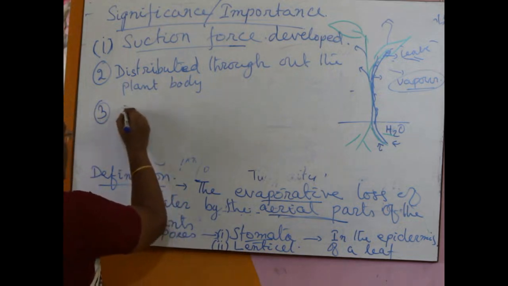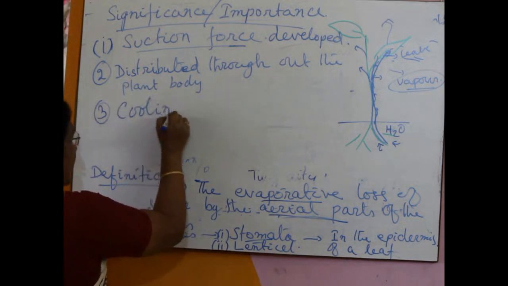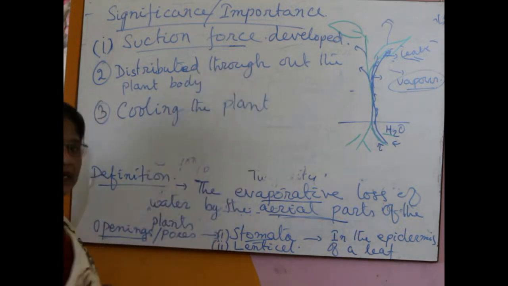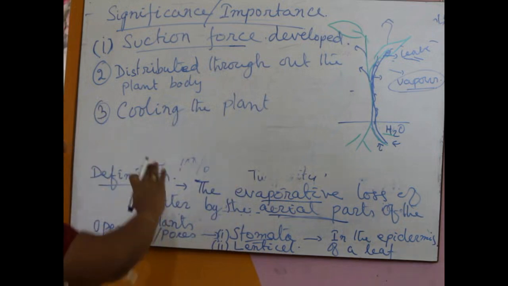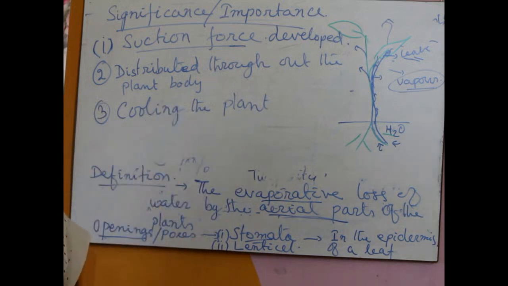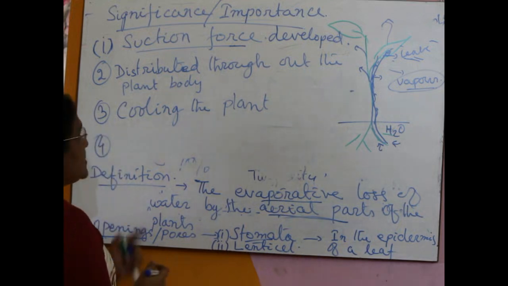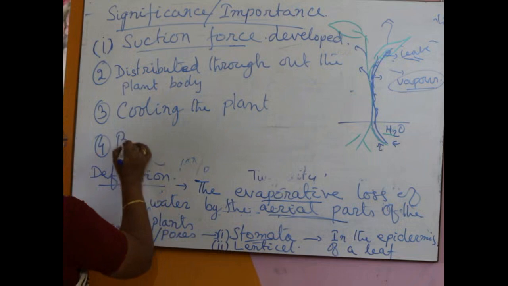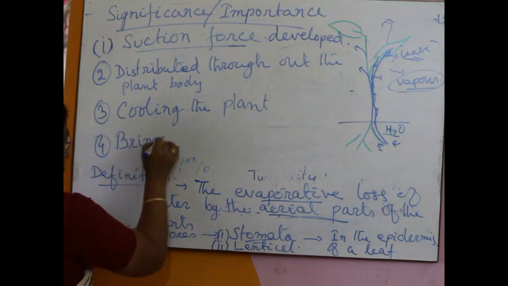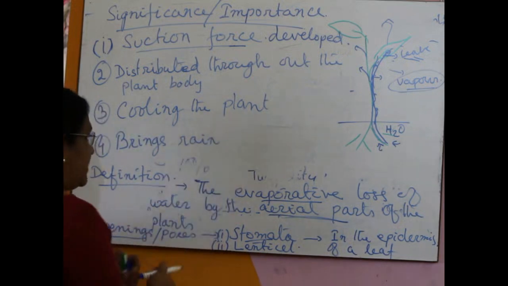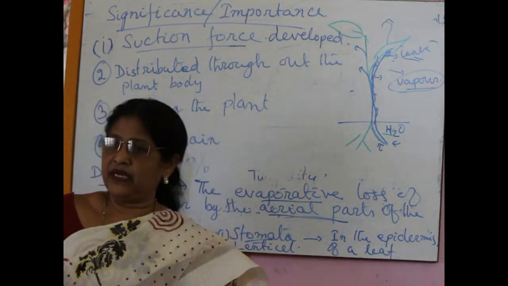So it helps in cooling the plant. Am I clear? Then, as the atmosphere gets laden with water vapor, it helps in bringing rain. So another significance of this process is it brings rainfall, or brings more water humidity to the atmosphere.